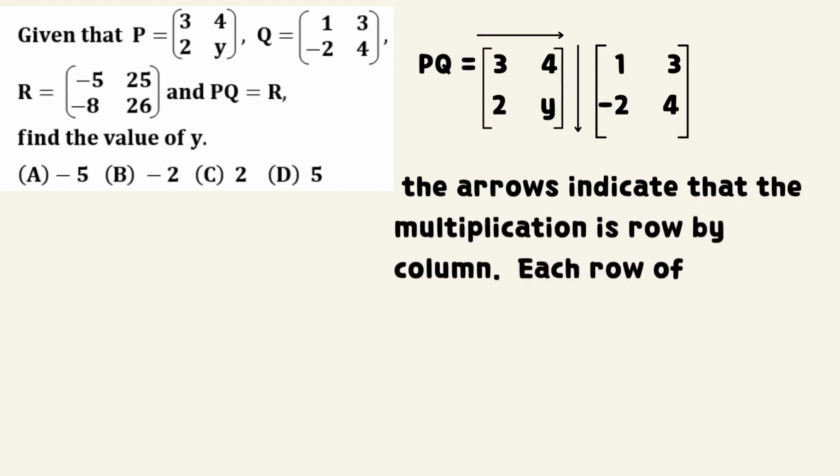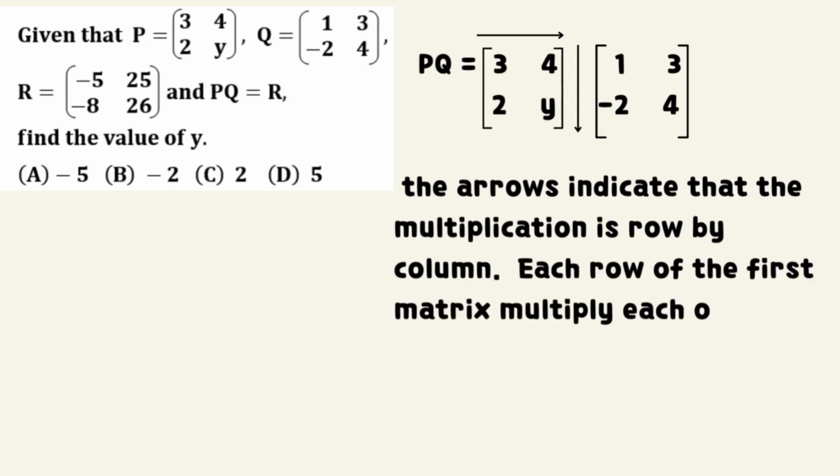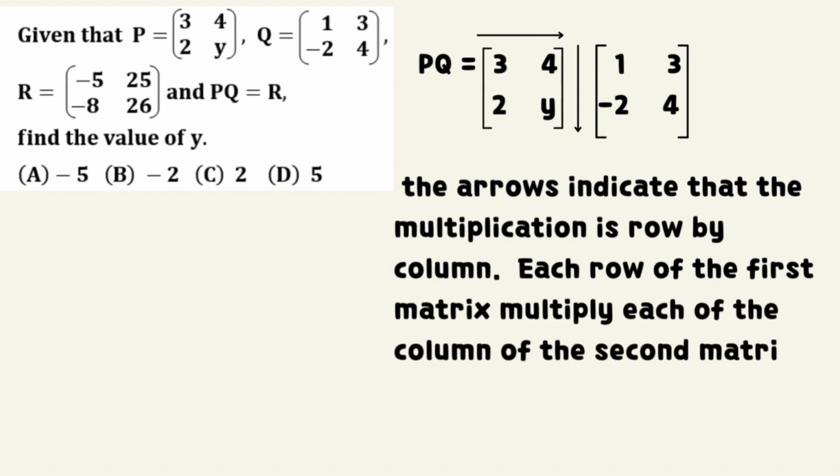The arrows indicate that the multiplication is row by column. Each row of the first matrix multiplies each of the columns of the second matrix, consecutively with internal additions.